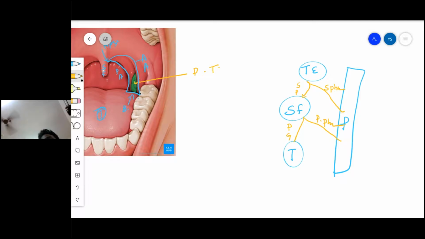Don't confuse. Whatever you see at the nasopharynx, those are named salpingo-palatine and salpingo-pharyngeal. Whatever you see at the oropharynx, those are named palatoglossal and palatopharyngeal.